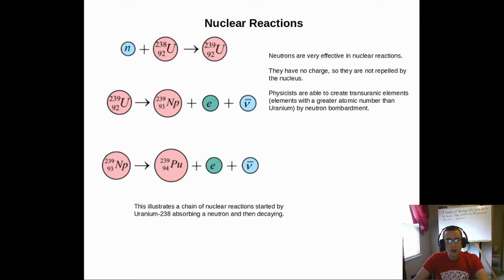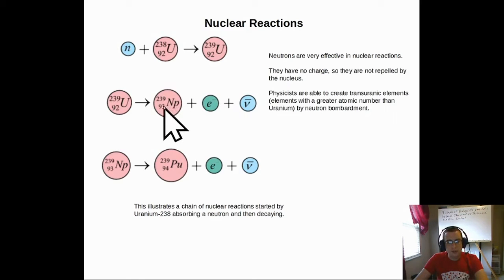By shooting a neutron at particular isotopes of heavy atoms, we can actually make even heavier atoms, or atoms with a larger proton number. So uranium-238, which is one of the more stable forms of uranium, if it gets hit with a neutron, turns into uranium-239, which is unstable, so it's going to decay into neptunium through beta decay.